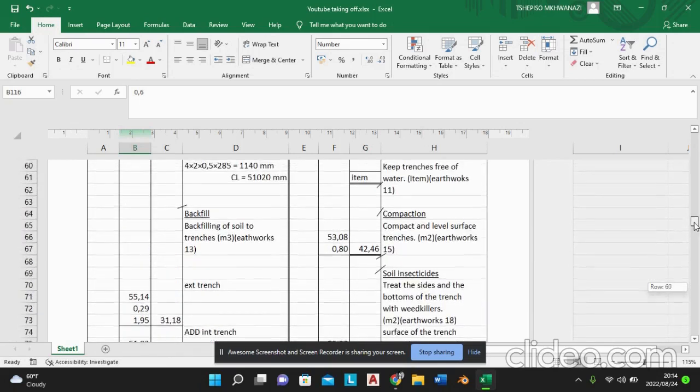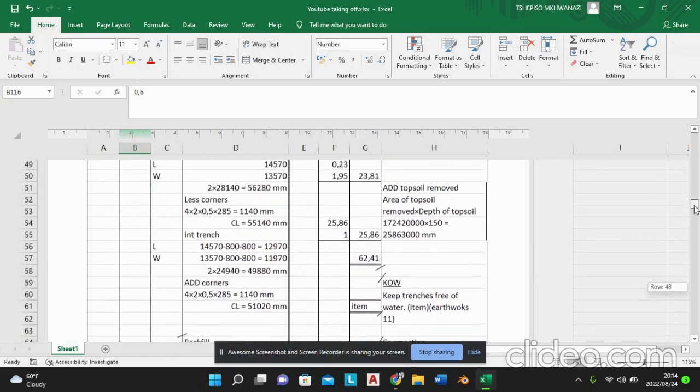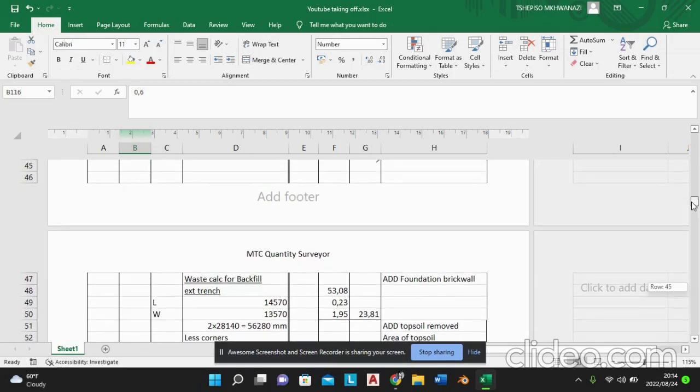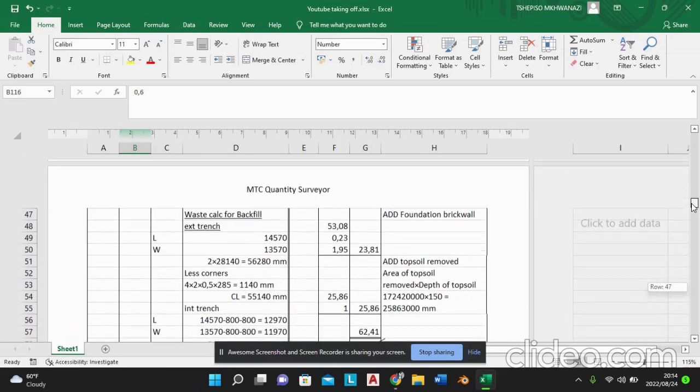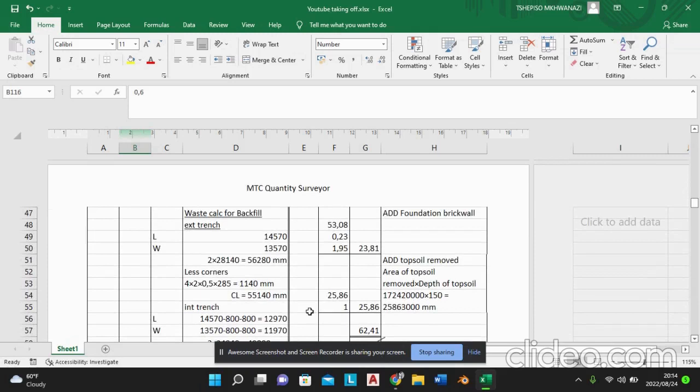of the internal trench. How do you find it? Remember, you did some calculation for the big field, and then you calculated the center line for the internal trench, where you were using the internal dimensions of the trench.